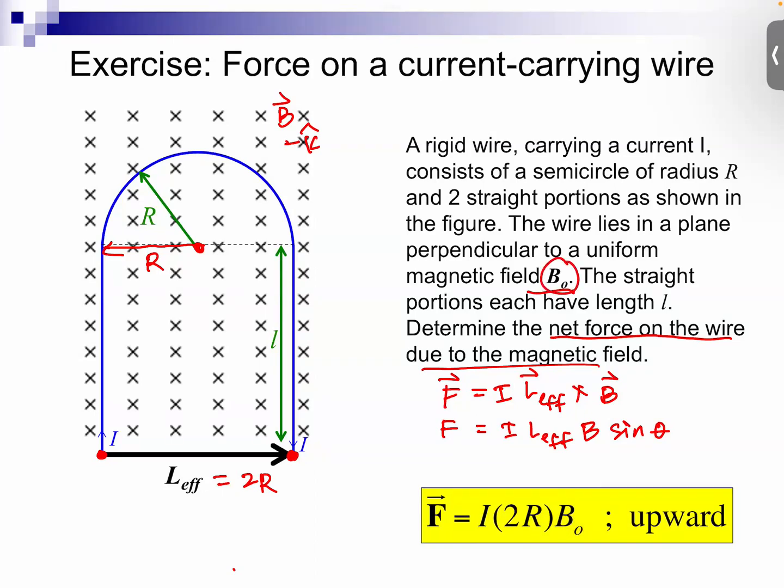And then for the direction, just do the right hand rule. The current is in the i hat direction, crossed with the magnetic field in the minus k hat direction, gives you a positive j hat.